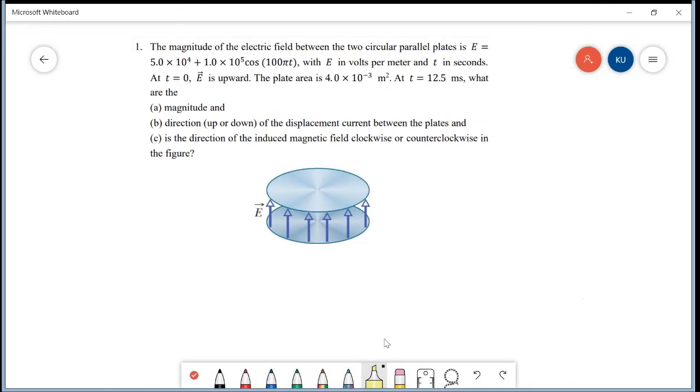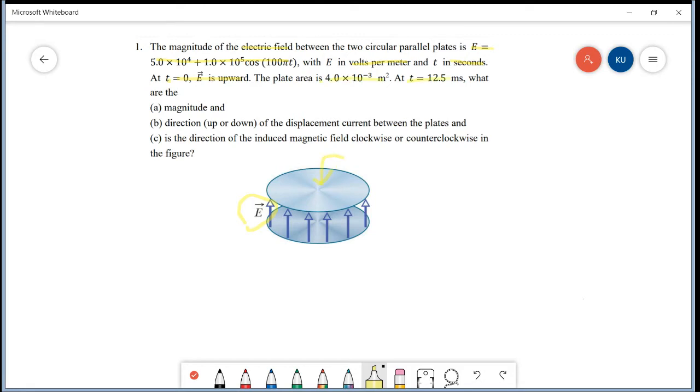The magnitude of the E field between the two circular plates is given by this expression, in volt per meter, where t is in seconds. At t equals 0, E is upward, and the plate area is given here.